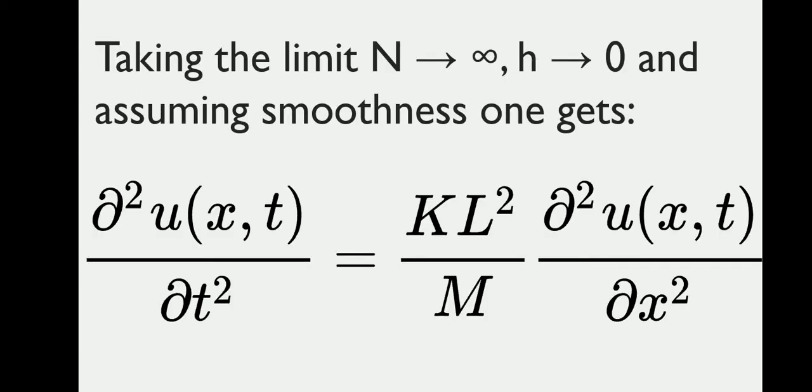Taking the limit n to infinity, h to 0, and assuming smoothness, one gets dou square u of x comma t by dou t square is equal to k l square by m into dou square u of x comma t by dou x square.